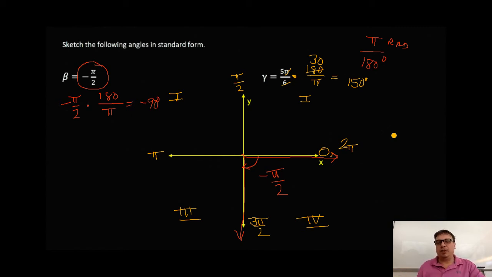So now if I'm just looking at these yellow numbers, I want to go 5 pi over 6. Well, this is pi. Another way to write pi in sixths is 6 pi over 6. So that means that I am 1 pi over 6 short.